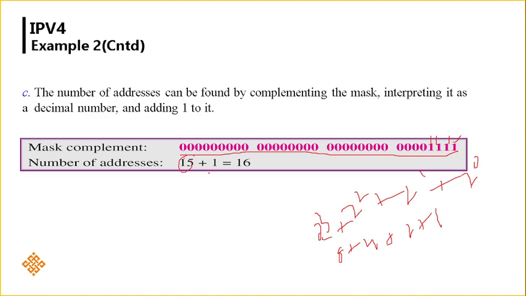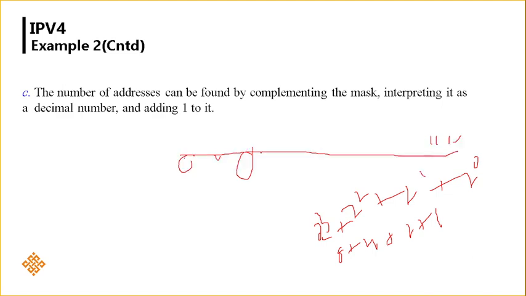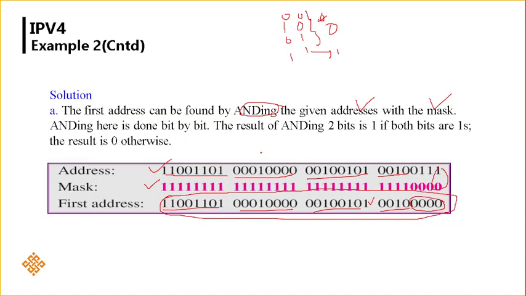So just add 1 to it, and you will get back 16. What you have seen in the previous example, 2 power n, 2 power 4, is also 16. So this is another way of getting the first address, the last address and the number of addresses. Whatever technique you apply, the result will be the same.